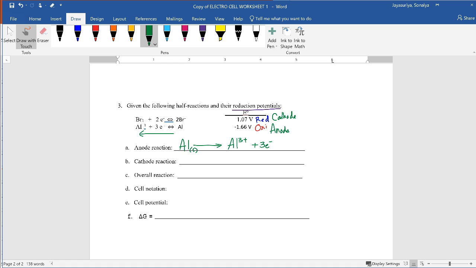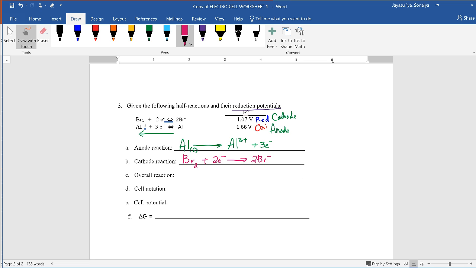So it's the reverse of the reaction that has been given, and I'm deciding to just write the forward arrow, okay? And then the cathode reaction is going to be exactly as it is shown, just Br2 plus 2 electrons going to 2 ions of bromide. Okay, so that is what's happening in the cathode, where bromine is being reduced to bromide.